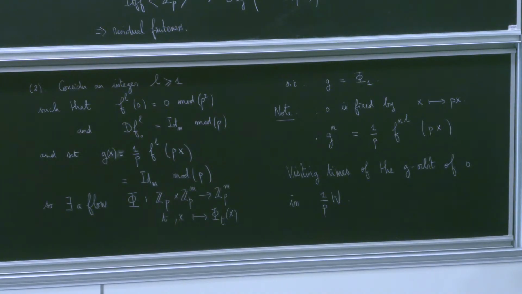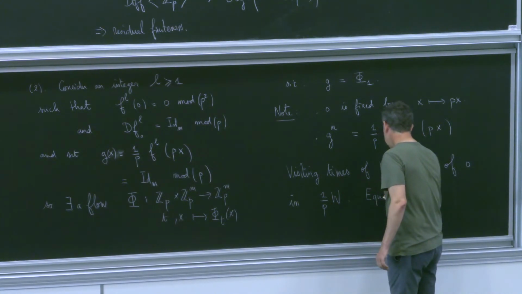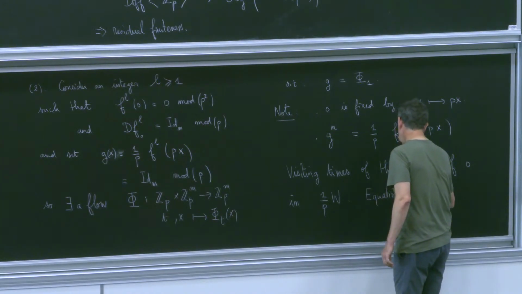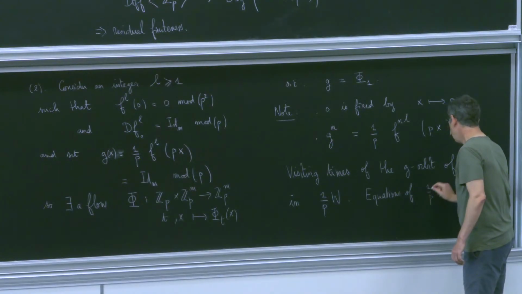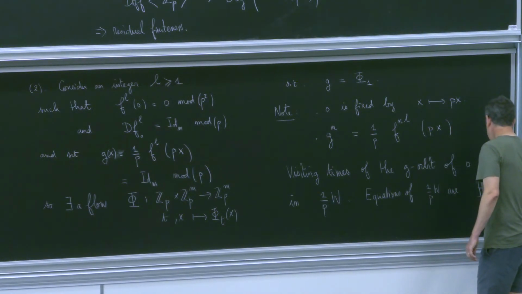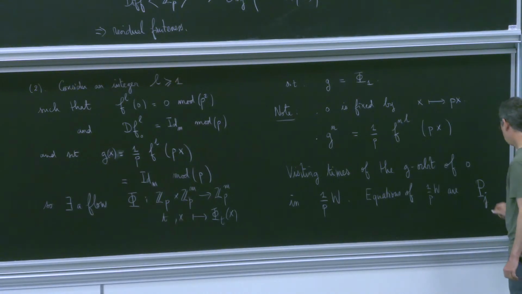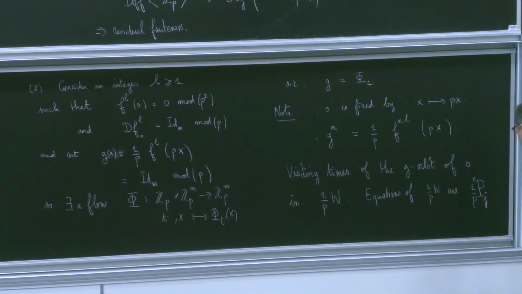And the equations of 1 over p W are this function p index j, which I multiply by 1 over p after I apply my embedding iota.